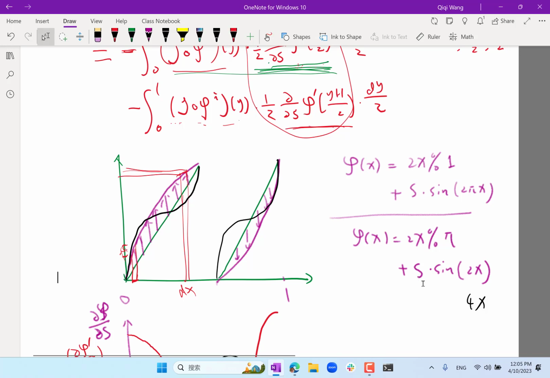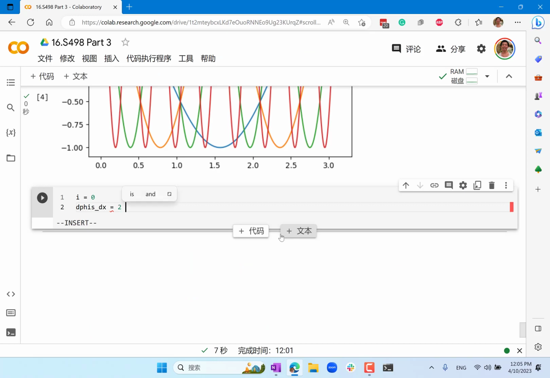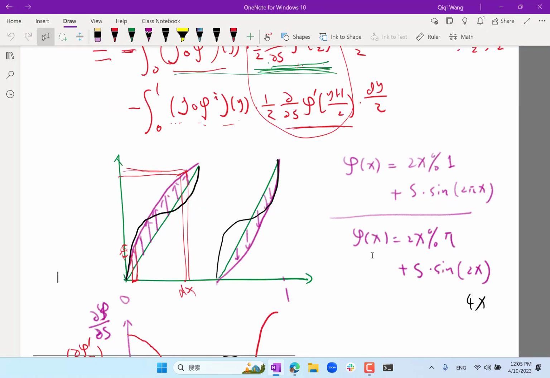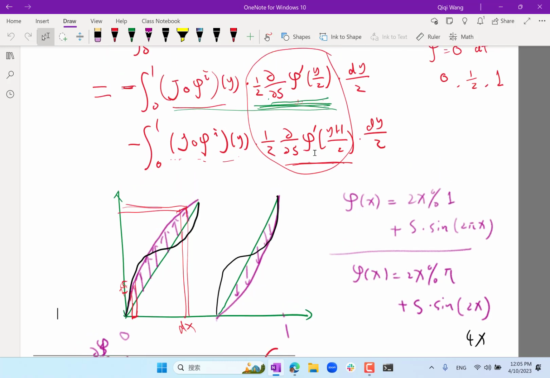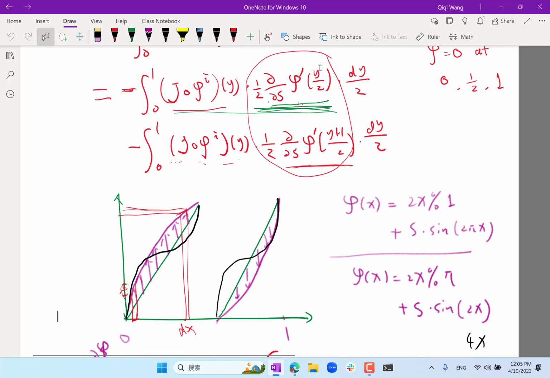And for 2x, the derivative with respect to s is sine of 2x, and then taking another derivative with respect to x, we get 2 times cosine of 2x. Okay, right? And then this is going to be evaluated at x, which is basically the pre-image of y, right?